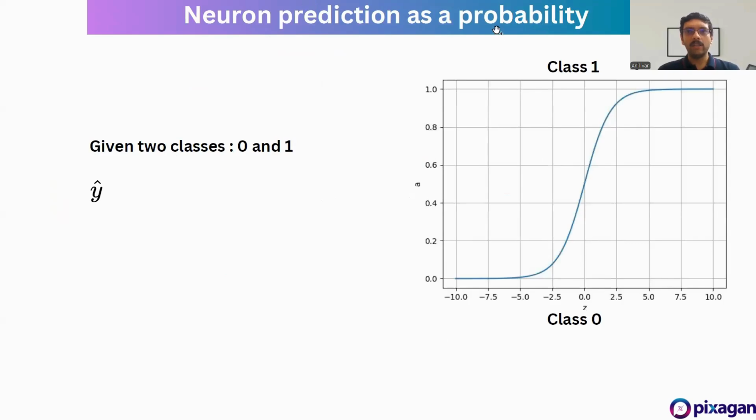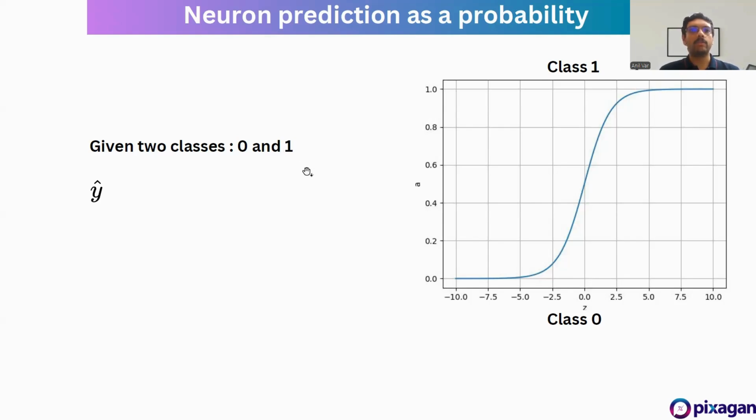And that's where a sigmoid function becomes quite useful, because as you can see, the output is between 0 and 1. If that's the last neuron, or in our case, a single neuron, it's the activation function. You can think of it this way: given two classes 0 and 1, these are the labels.